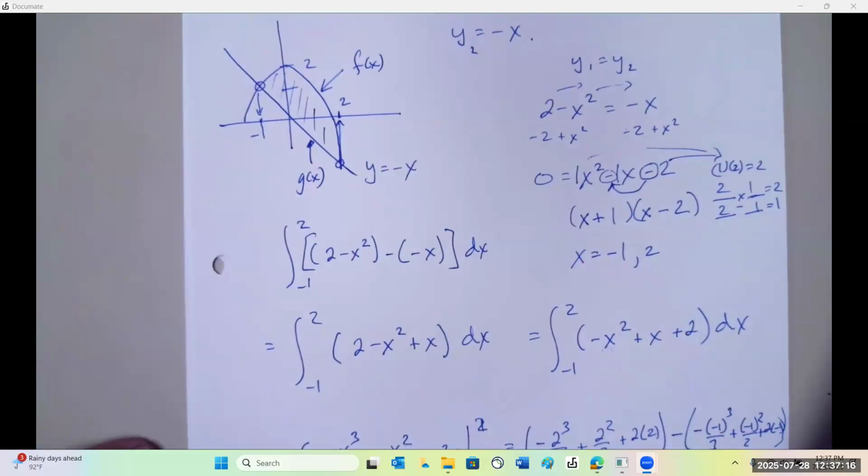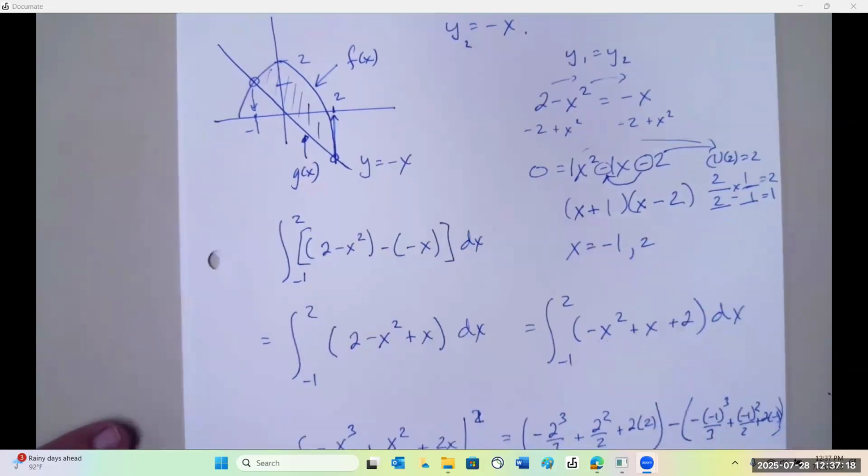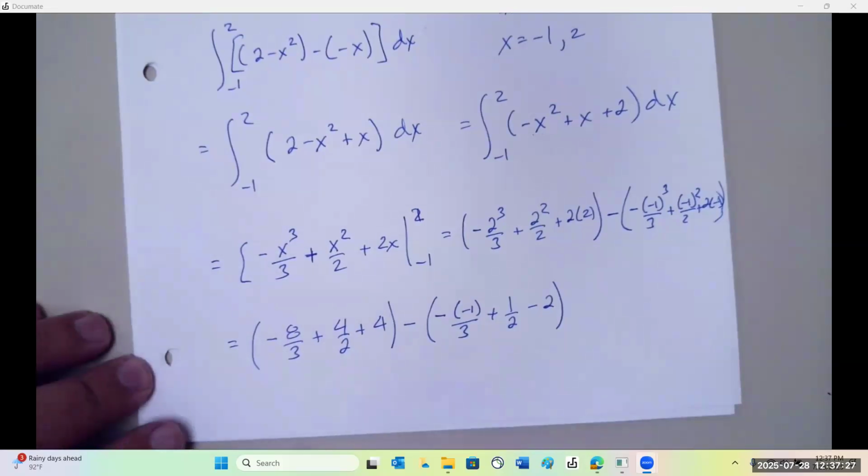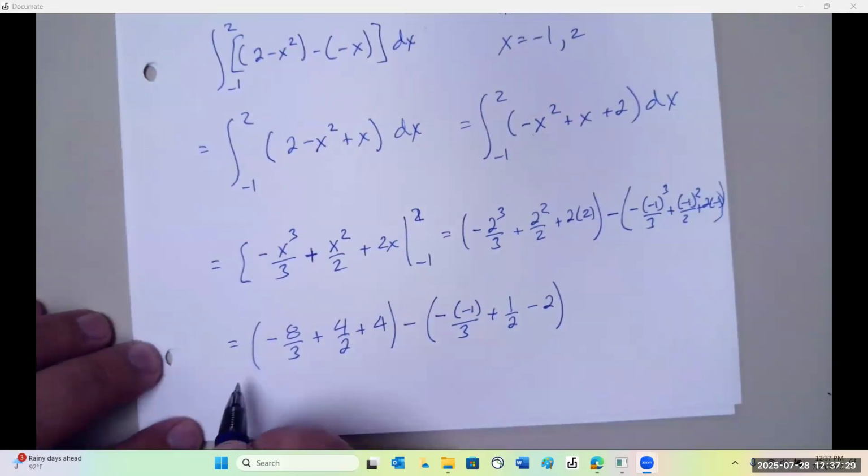Because you're subtracting them. If you did it the other way, it wouldn't work. And knowing which one is higher and lower is by graphing it, correct?